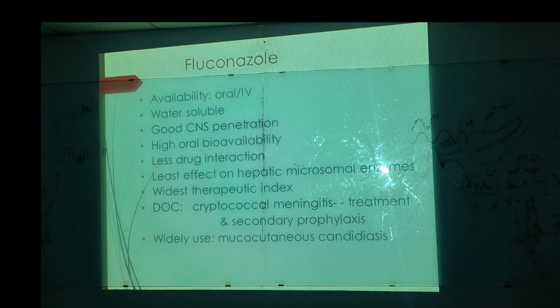It has the least effect on hepatic microsomal enzymes, and it has the widest therapeutic index, the safest. It is the drug of choice for cryptococcal meningitis, both for treatment and for secondary prophylaxis, and it is widely used for mucocutaneous candidiasis.